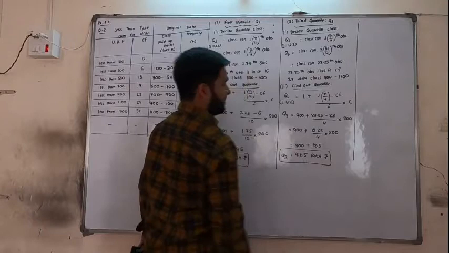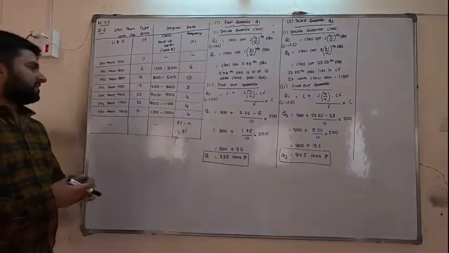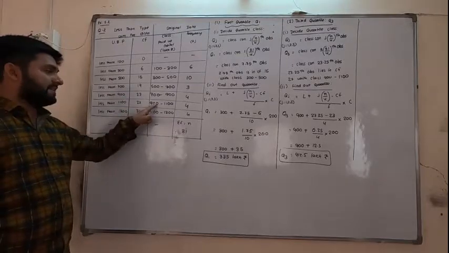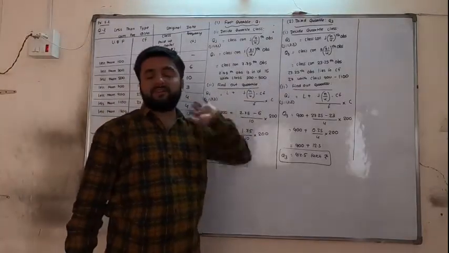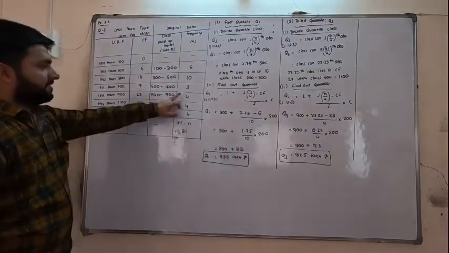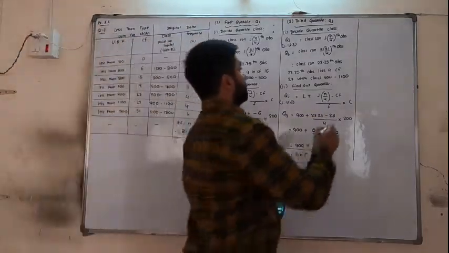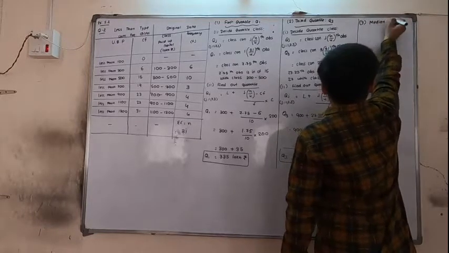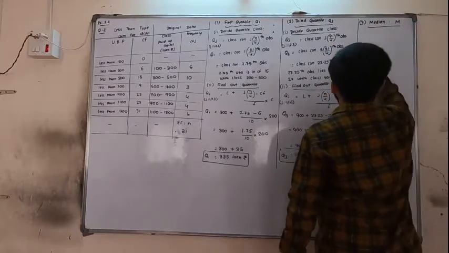So it will be 912.5. What mistake did I make? That CF 27 is in class 900 to 1100. By mistake I have written 700 to 900. All other things I have written correctly. Okay.